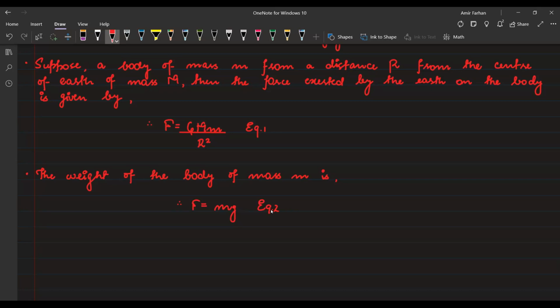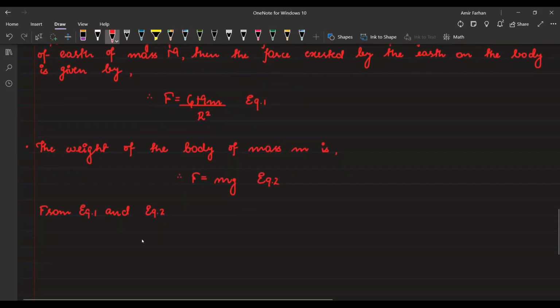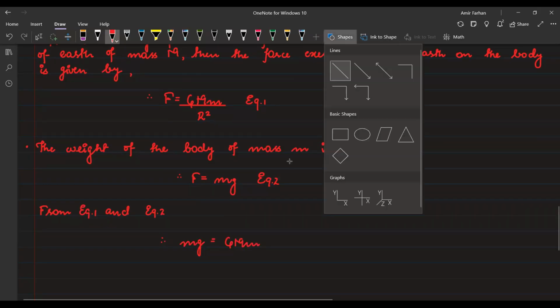Okay. So I'm going to equate equation 1 and 2. So mg would be equal to GMm by r square.